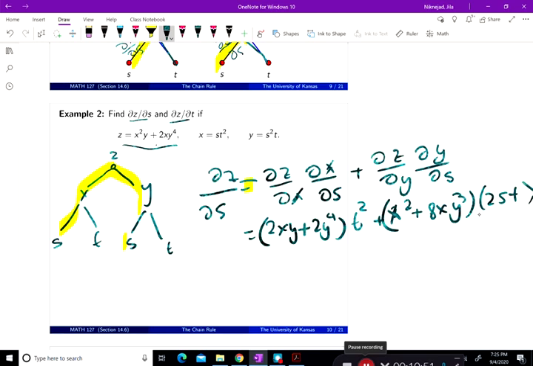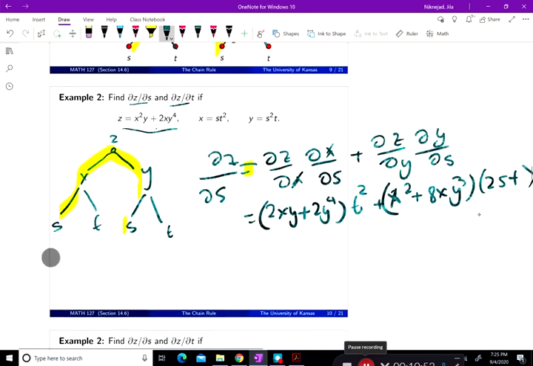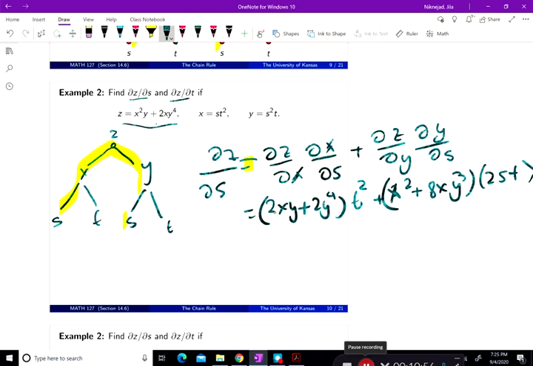Okay, so this is not bad. We figured out the derivative. Here's the problem, though. I have x and y sitting there all together. What should I do? I should replace x by st squared.